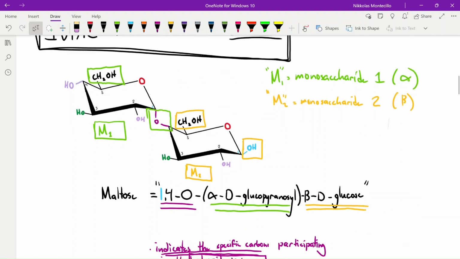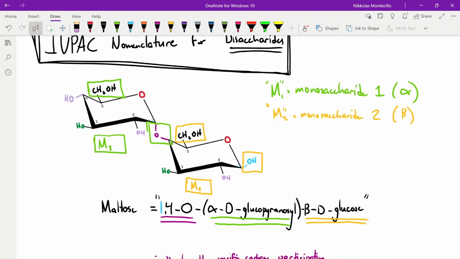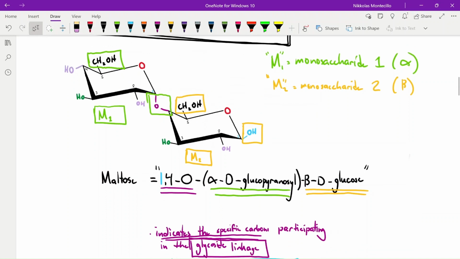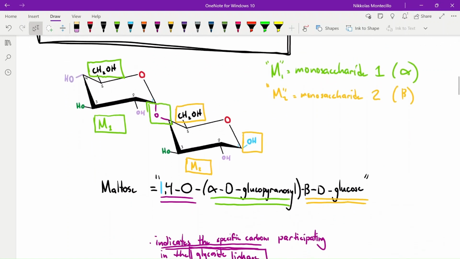So let's break down the specifics of the IUPAC name for this disaccharide. I've labeled here in green monosaccharide 1, and we can see that monosaccharide 1 is shown in the alpha configuration, while monosaccharide 2 is in the beta configuration, where both the substituents of carbon 1 and carbon 5 are on the same side of the ring.